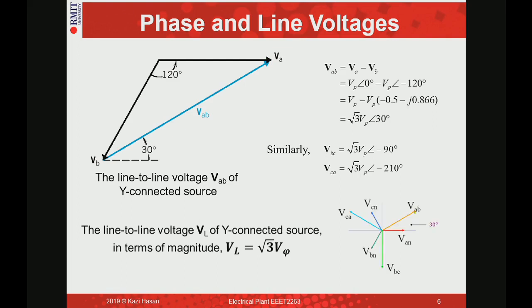So if we draw all of the three phase and line voltages, it will produce a vector diagram like this. You have VA, VB 120 degrees apart, and VC 240 degrees apart. Then your VAB will be at 30 degrees, but the value is √3 times more.